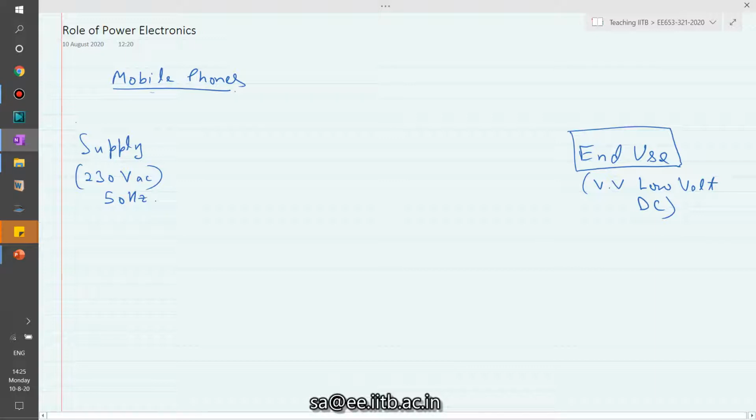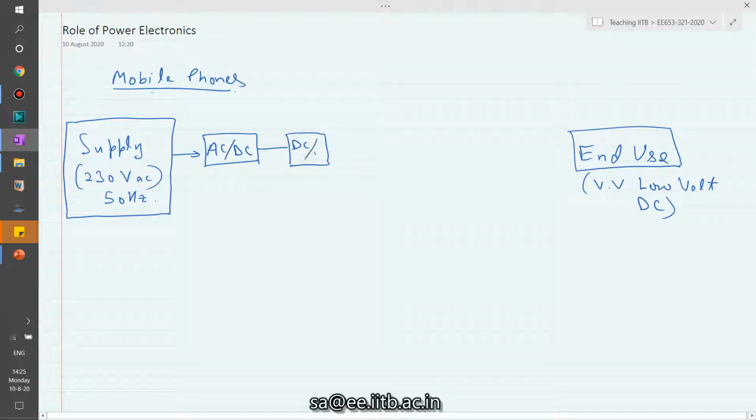The first stage is usually AC to DC, which converts to a reasonable voltage of DC. And then further, there is another stage of DC to DC. And then you get a voltage of around 5 volt after this processing.